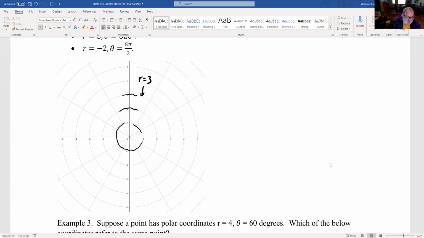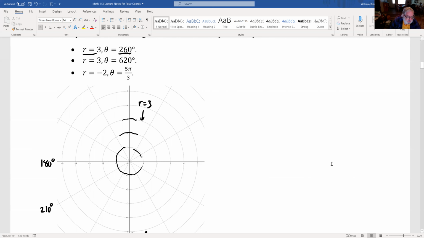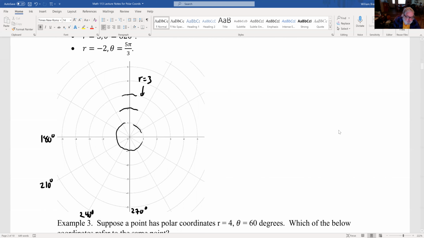We know that that's 270 degrees. This is 180. The way this is set up is that these lines are separated by 30 degrees. So if we want 260, we're down here somewhere. So we're actually at that point.